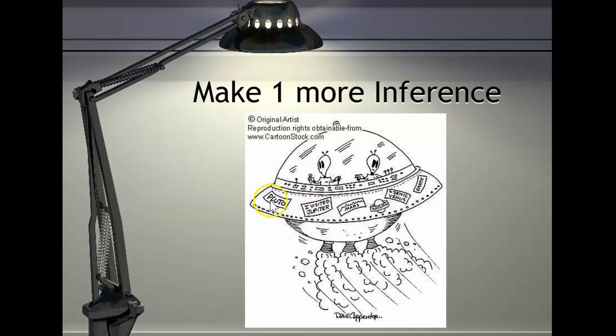So it looks like they have a bumper sticker saying, I visited Jupiter, Mars, Saturn, Venus, and Earth. So I can infer that they are going to go to another planet that they have not been to. And when they get there, they're going to get a sticker with its name on. That's my inference based on what I see.